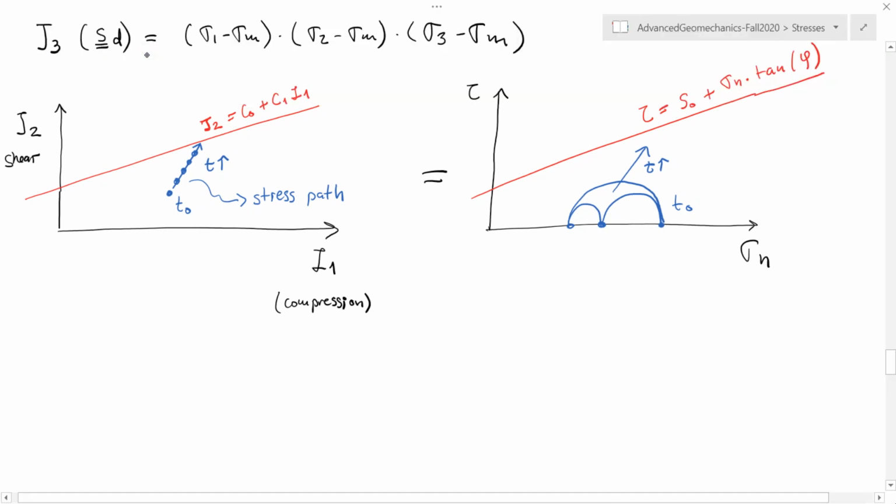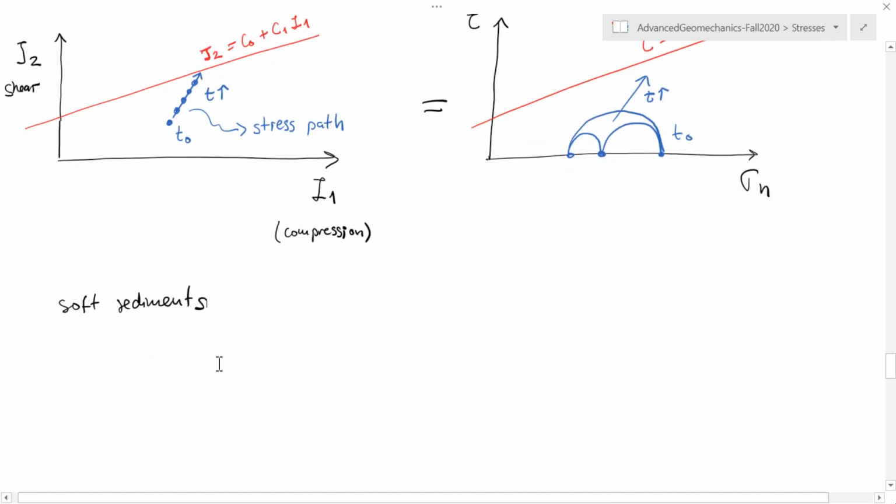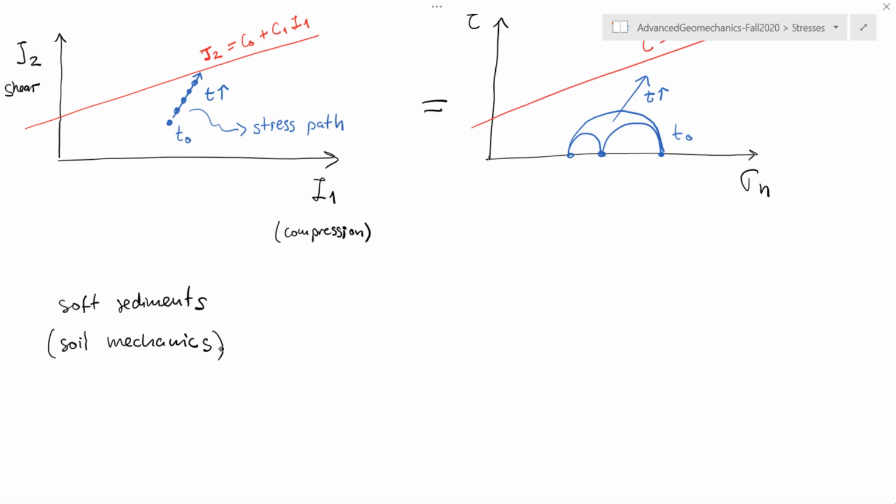So for soft sediments, there are two other definitions that are very useful. This comes from the theory of soil mechanics, and it applies very well to many unconsolidated sands and shales, which exhibit large deformations and are relatively soft.